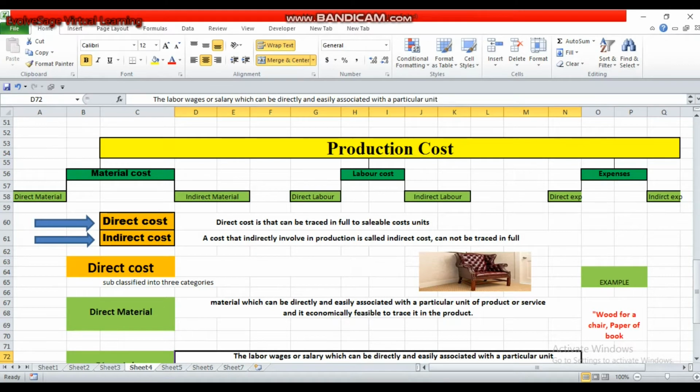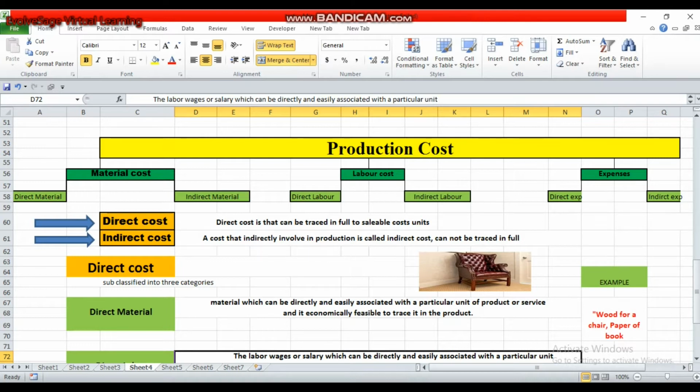In the same way, if we talk about labor, we will have some labor which is directly involved in the production process and other labor which is not. So here we divide labor into two categories: one is direct labor and the second is indirect labor.